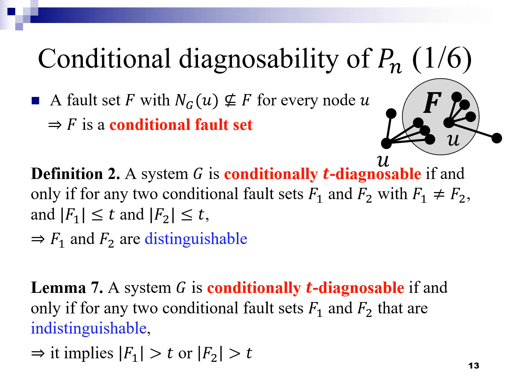If the system G satisfies such a property, we say that the system is conditionally t-diagnosable.